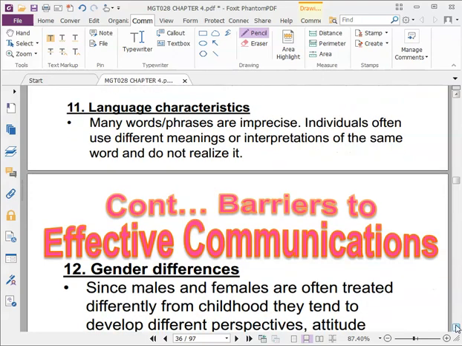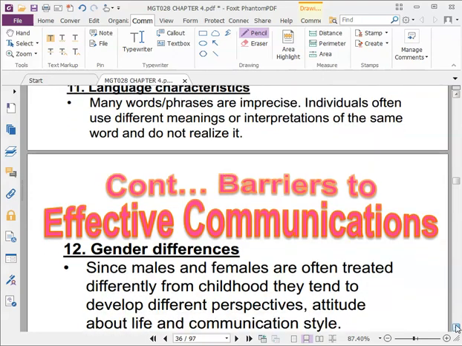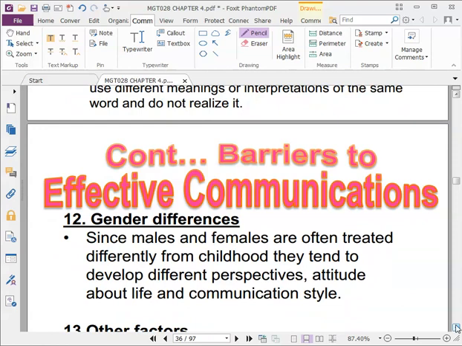Okay. Gender differences. Ni pun masalah kat ni. Gender differences, since males and females are often treated differently from childhood, they tend to develop different perspectives, attitudes about life and communication style. Alah, senang sangat. Kalau gender differences ni, orang perempuan lebih banyak cakap berbanding dengan orang lelaki. So, orang perempuan, dia tak akan rasa tenang kalau sehari tu dia tak bercakap banyak.